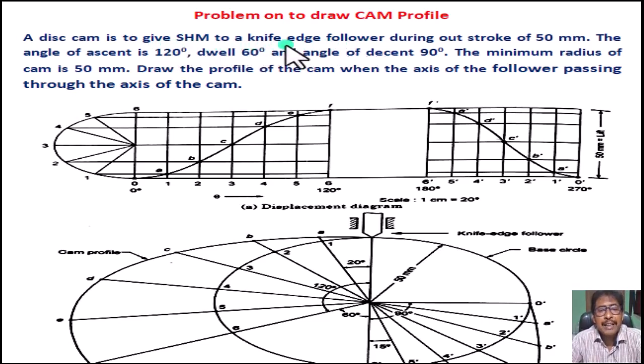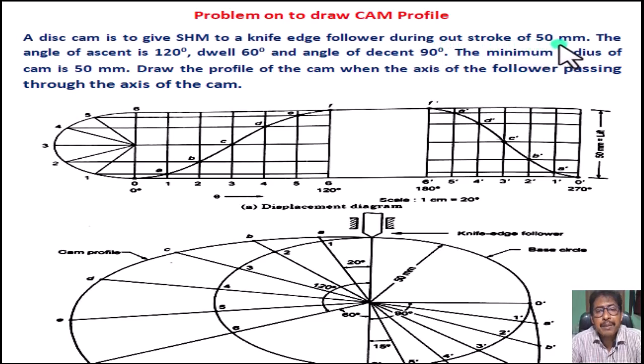In our problem, the follower is a knife edge follower. There are various types of follower: knife edge, roller, flat face, and mushroom follower.